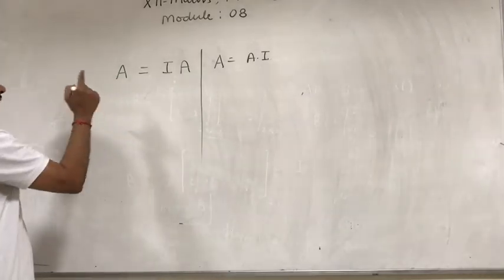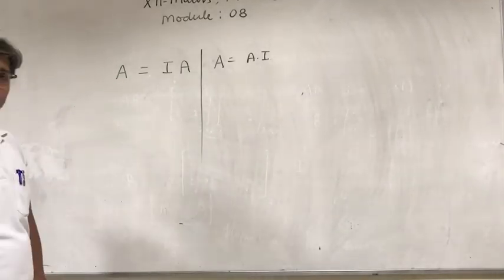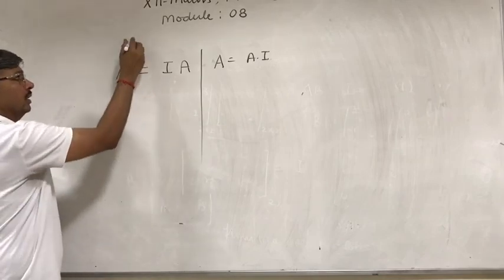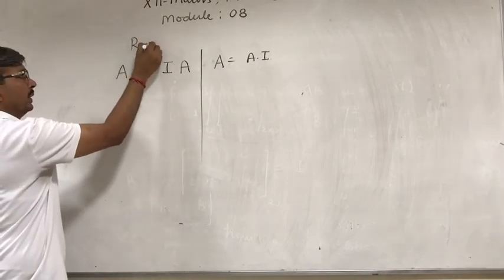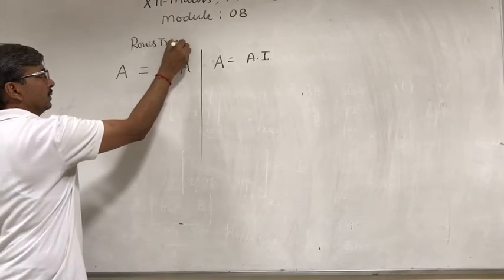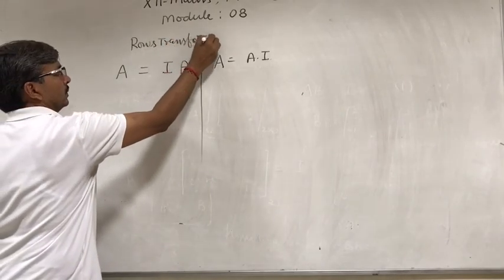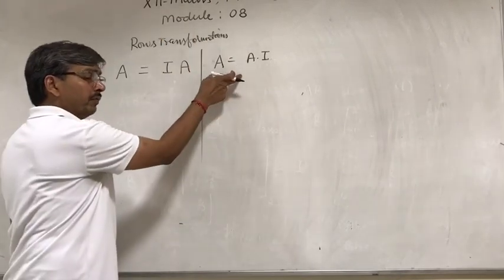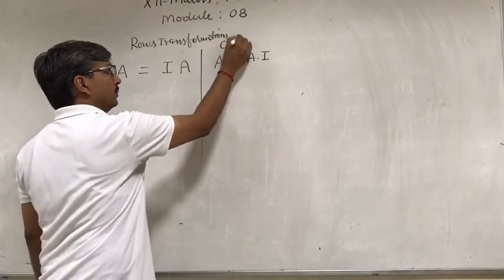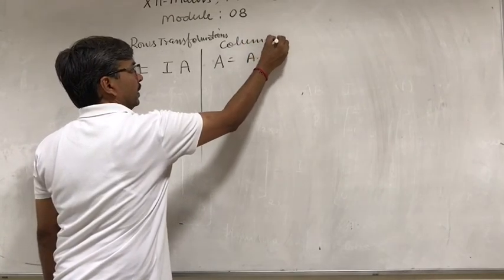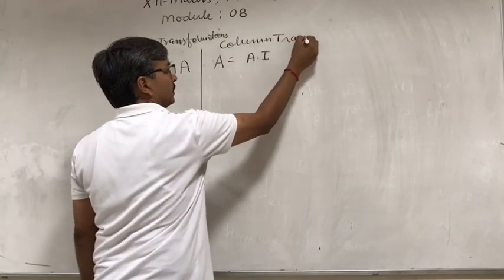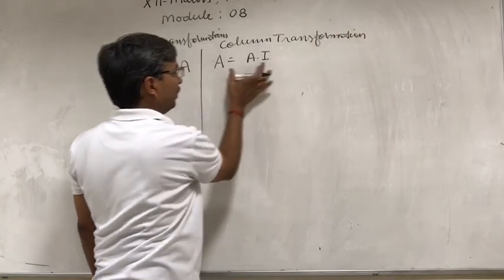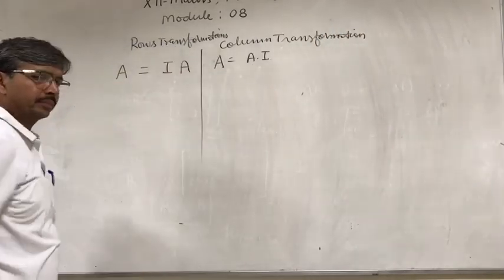If we use the row transformations, then we will start the question from this side. And if we want to apply column transformations, then we will start from here.